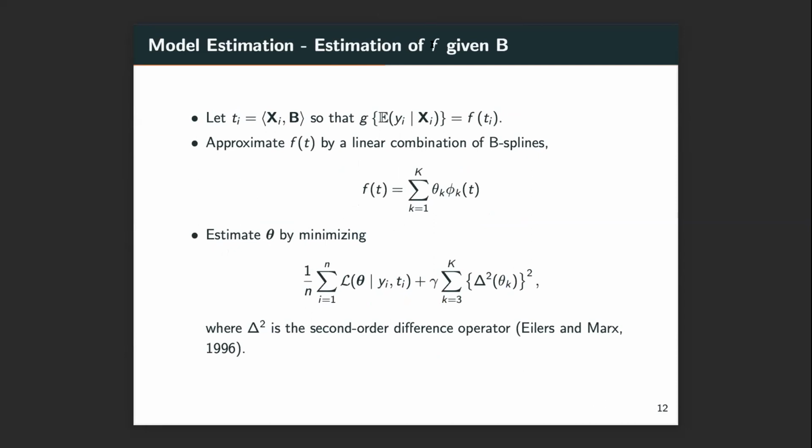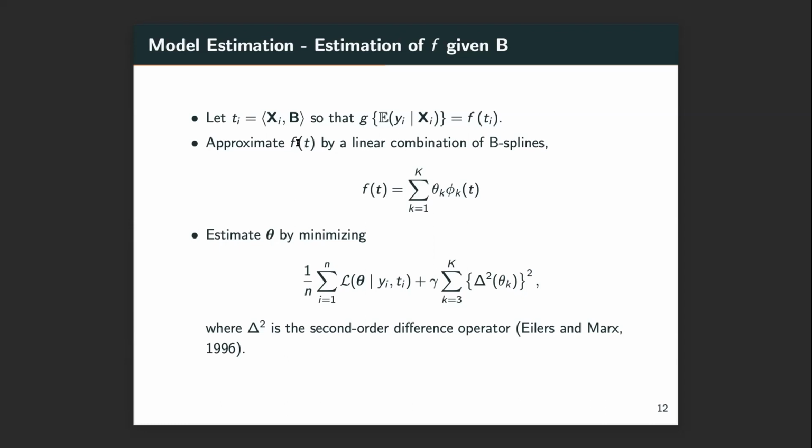First, we're going to estimate f given B. Just for notation's sake, t_i is this index. Assuming that we have B, we can get this inner product of the X and the B such that we have g of the conditional expectation of y.